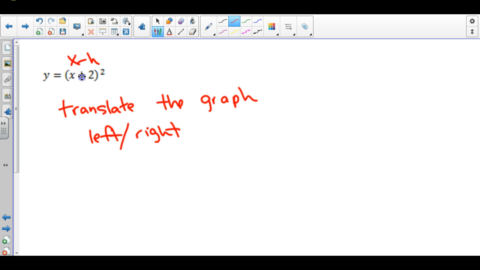So even though it says plus 2, it's going to shift it to the left 2. If on the inside of your graph you had x minus 3, what that would do is just take your parabola from 0, 0, and shift it to the right 3. So it would just take your vertex and move it over 3 units to the right. Again, it's kind of like the opposite on the inside, and it just affects your x value.